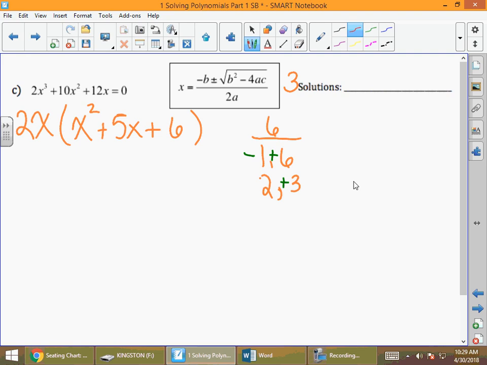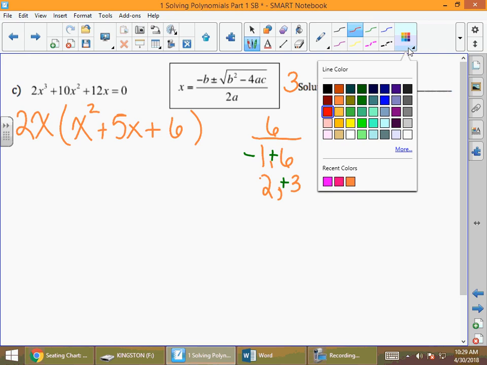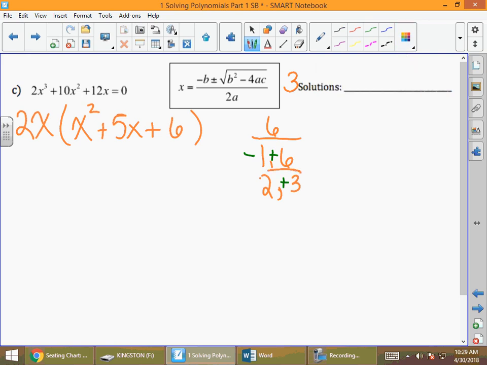And if we take a closer look at the problem, we know that we want to pick the second choice because we don't have any negatives in the problem. So we can't put 1 in. So we're going to split the middle. We've got x squared plus 6 here, and then plus 2x plus 3x.